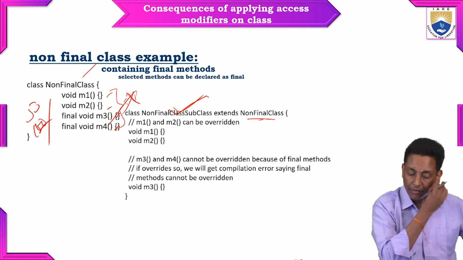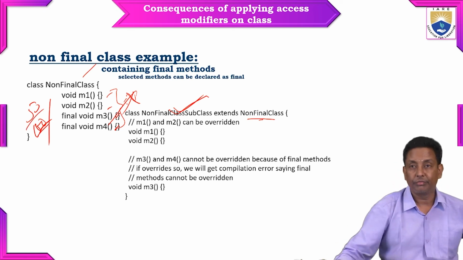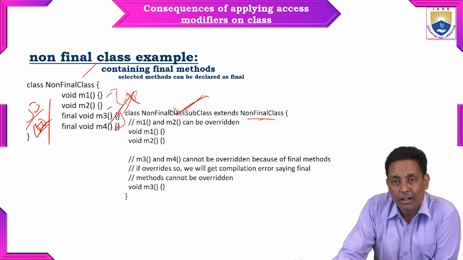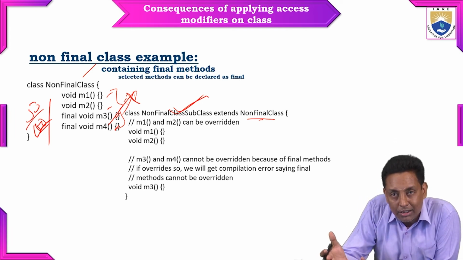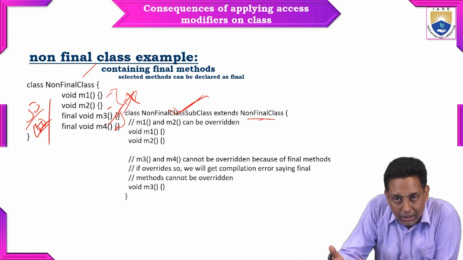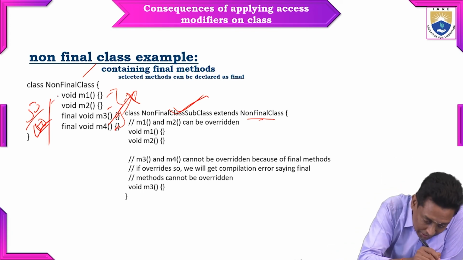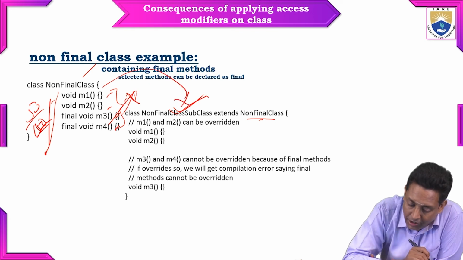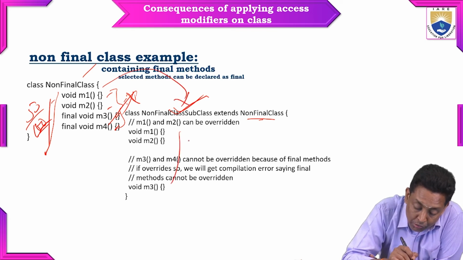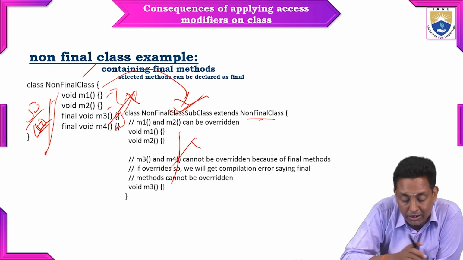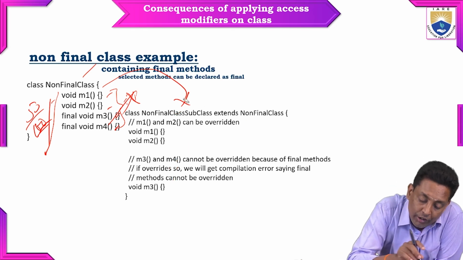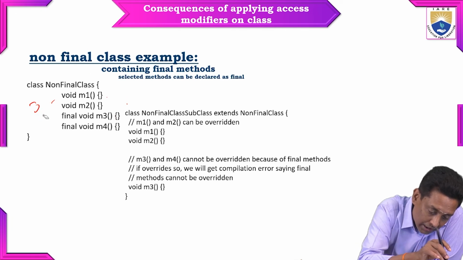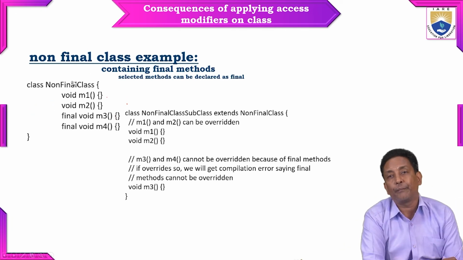Suppose my class has 50 or 100 methods and I want to declare all my methods as final, allowing a subclass to derive but not to override any of my methods. Why don't you declare the class itself as final?